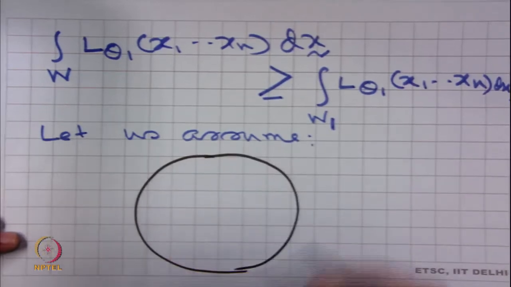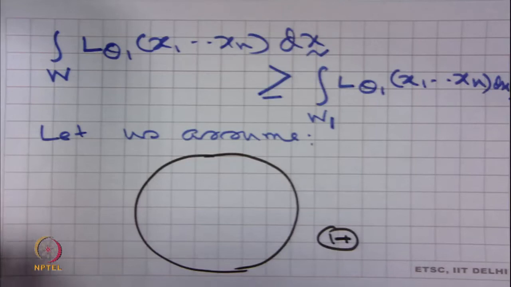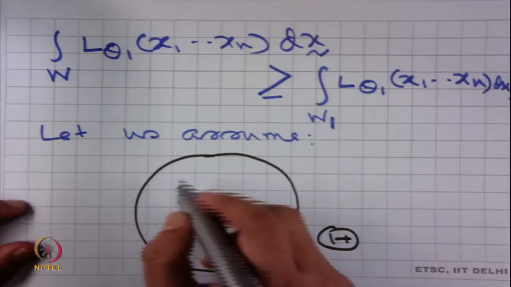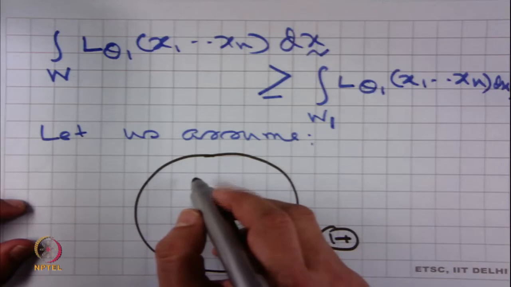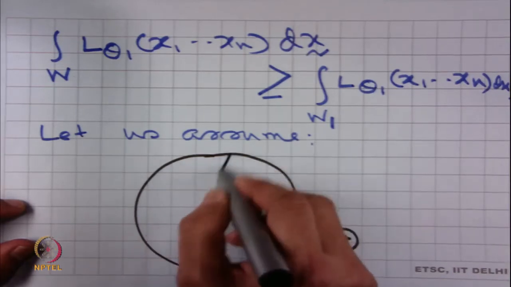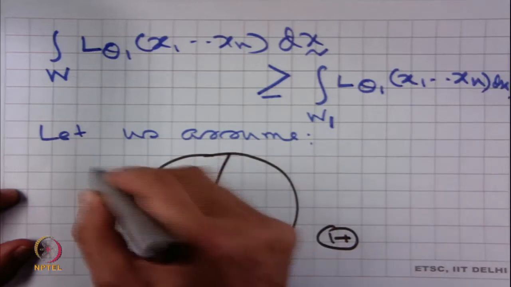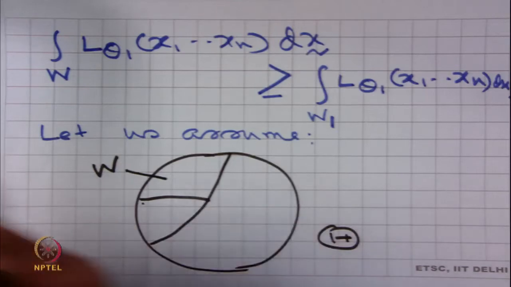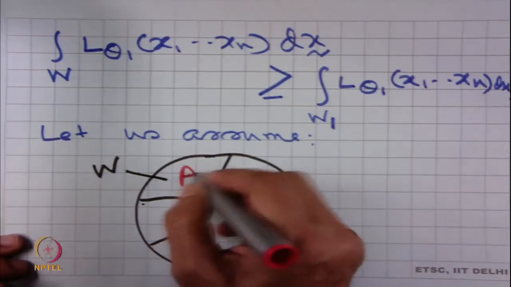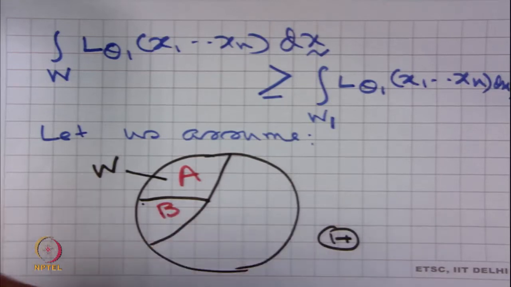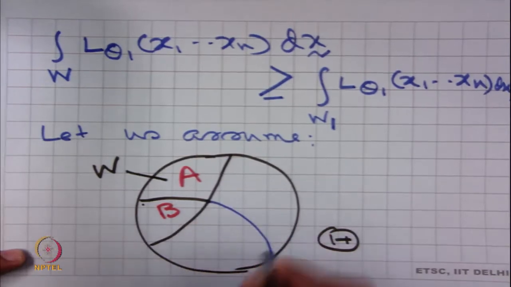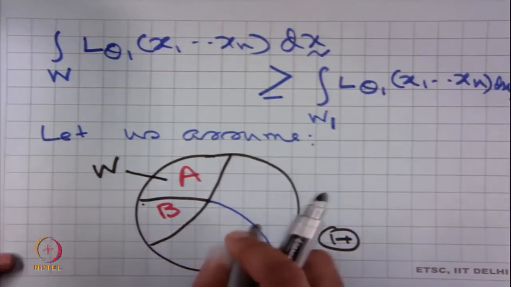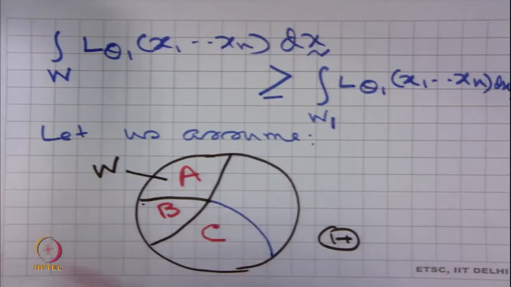So, let us assume this is the sample space. Let W be this region, which is A union B, and suppose this is W 1, which is B union C. So, that is going to be the general diagram.